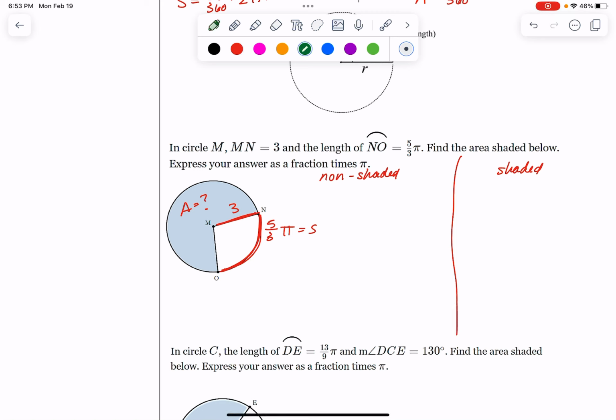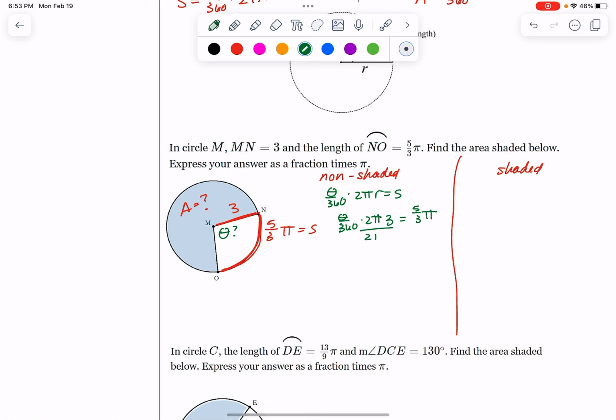So for the non-shaded part, I have an arc length, so I'm going to start with arc length, and I have a radius, so that'll allow me to find theta. So I can say theta over 360 times 2 pi r is S. So theta over 360 times 2 pi 3 equals 5 over 3 pi.